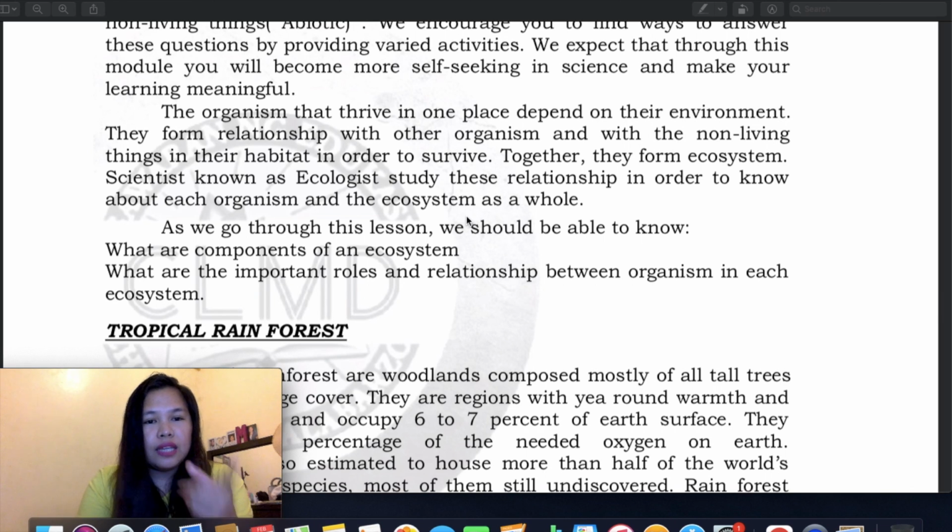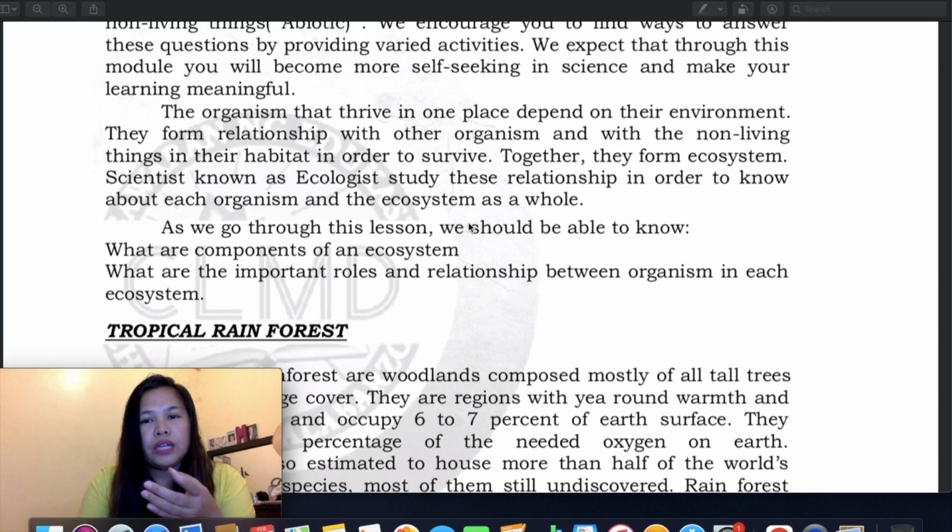So scientists known as ecologists study their relationship. Okay, ang tawag sa tao or scientist na nag-aaral or mga dalubhasa tungkol dito sa ecosystem ay tinatawag silang ecologists.